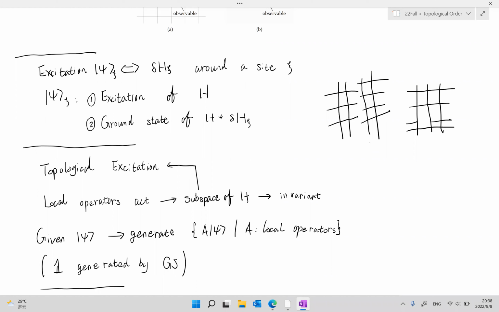For example, we have an e particle on a vertex and we rotate it along some trajectory. This process can be done if we do an adiabatic transformation of this delta H.